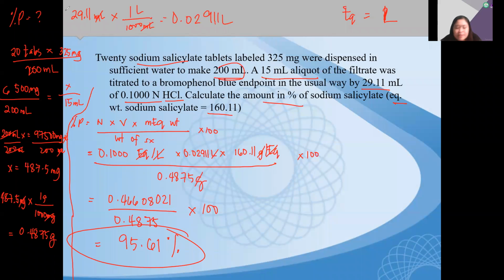Volume of grams. Okay. How about the others?